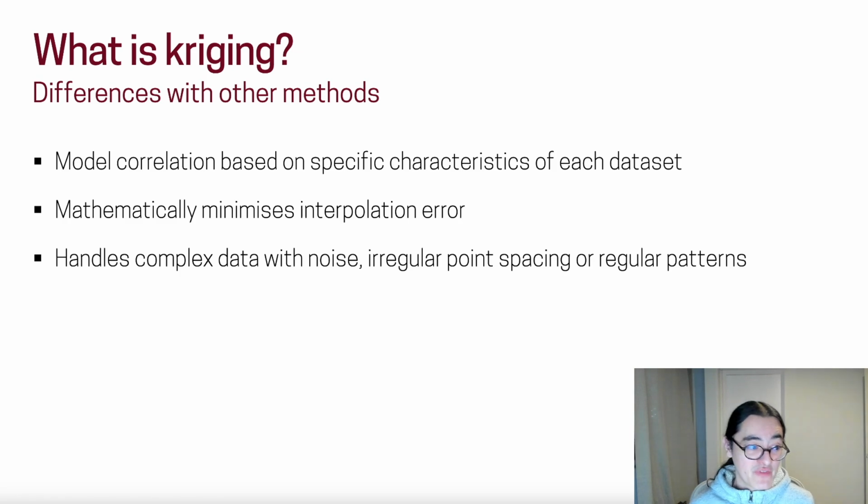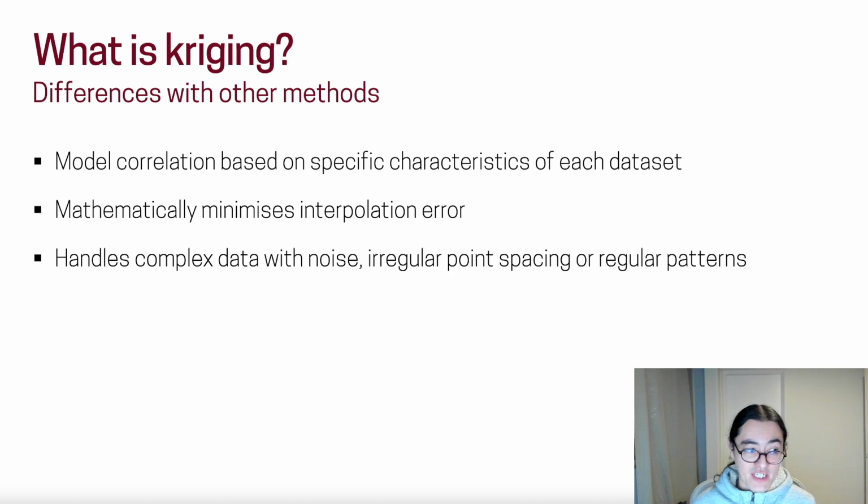You use the specific spatial correlation at different distances in a dataset to figure out what the spatial correlation is there. Kriging mathematically minimizes the interpolation error in a few different ways depending on the kriging method, and it's able to handle complex data with many kinds of different characteristics.